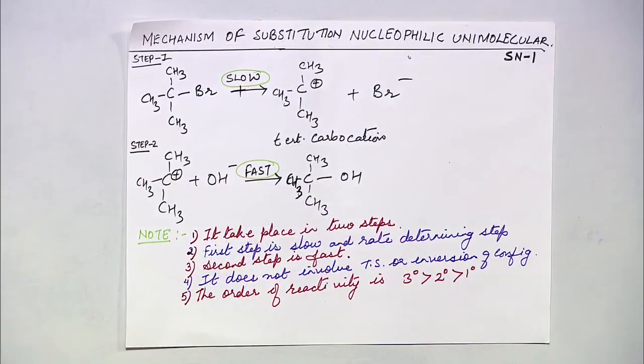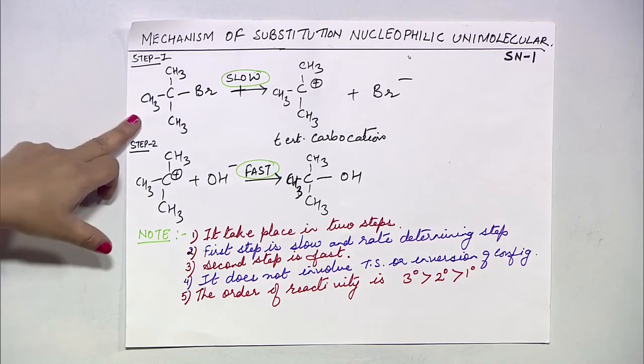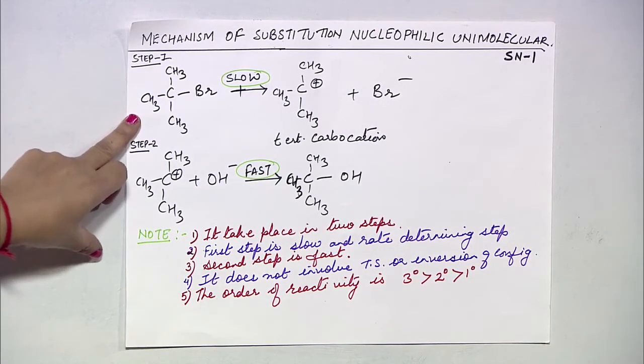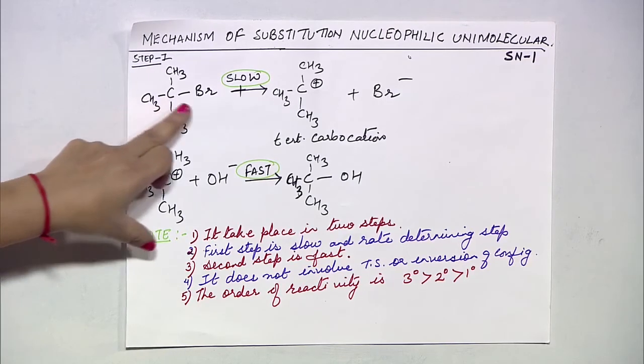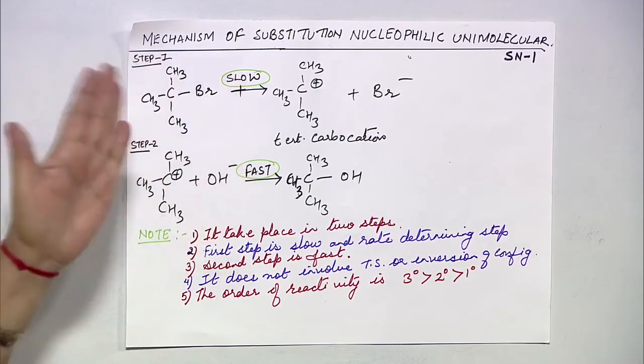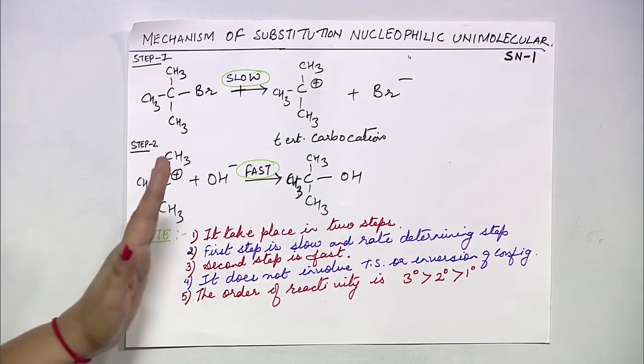So, let us learn about the mechanism of substitution nucleophilic unimolecular, SN1. Here I have taken a different halide, and that is not primary now, it is a tertiary halide. When you react the tertiary halide, first you need to break the bond.